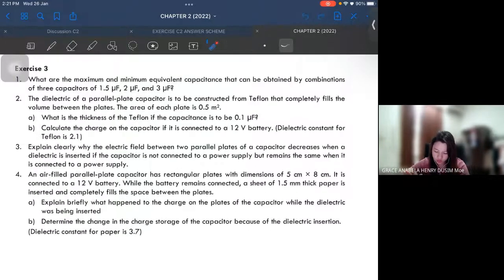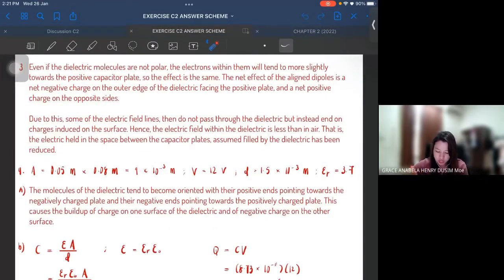Okay, so this will explain why the electric field decreases when a dielectric is inserted. Okay, so jawapan dia yang inilah. Okay. Basically, they won't ask you in PSPM lah this type of questions because this is concepts understanding.